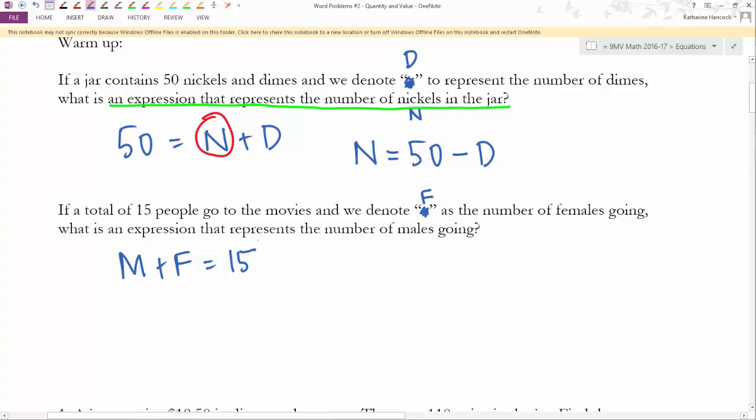We're assuming there's just males and females, but it asked us to find an expression that represents the number of males, telling us to solve for M. So an expression for the number of males would be 15 take away the number of females, or 15 minus F.